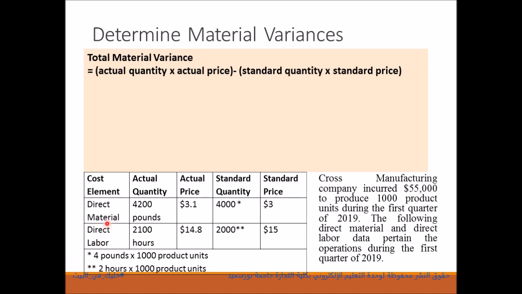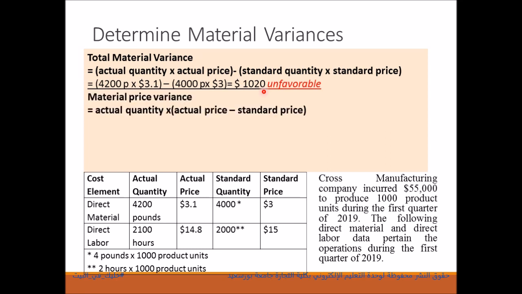And the information related to direct material are given over here: actual quantity, actual price, standard quantity, and standard price. So actual cost seems to be higher than standard cost. That's why material variance is unfavorable. $1,020 unfavorable material variance. Such variance can be analyzed into price and quantity variances.